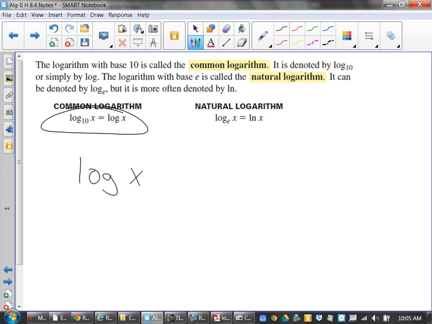Now the other little bit here is if the base of your log is e, that becomes what we call natural log.